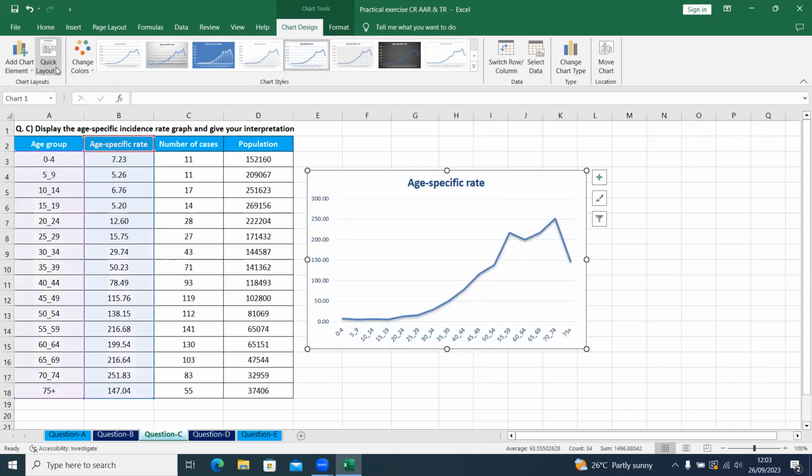Just on the left side of the window, the option is Quick Layout. Just click on that option.